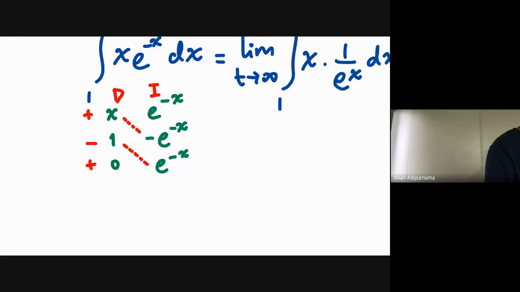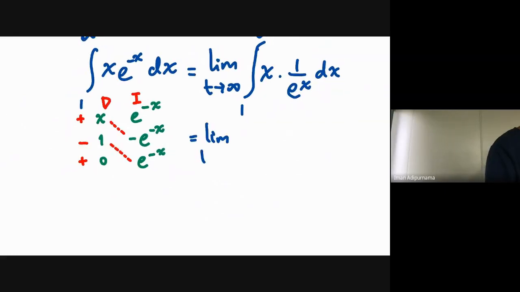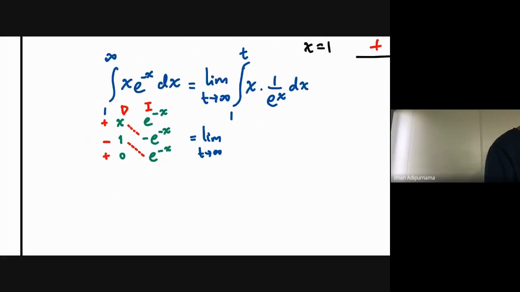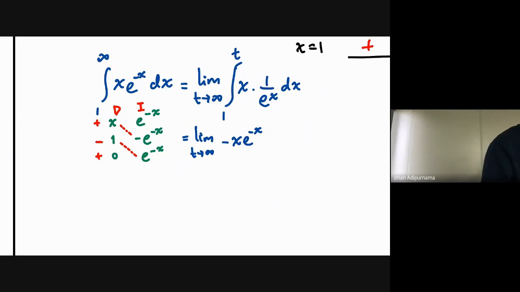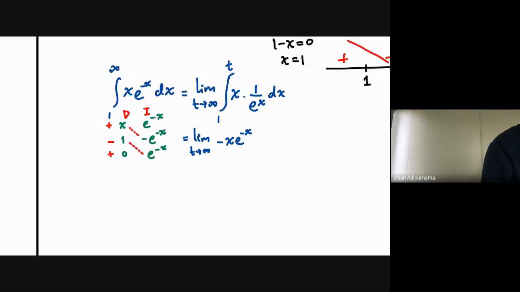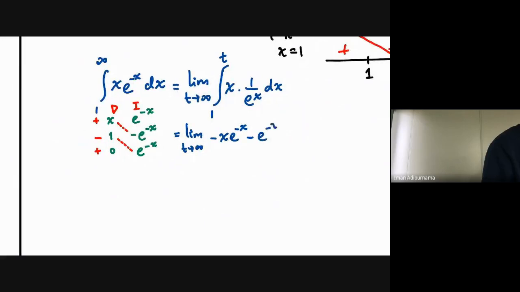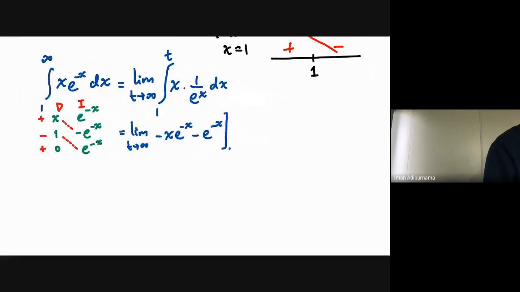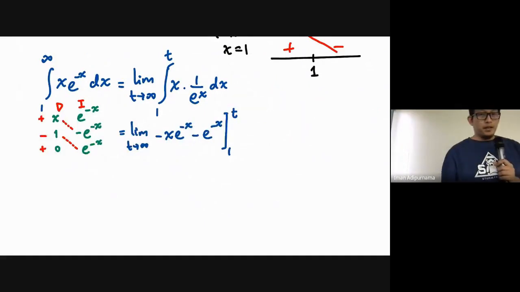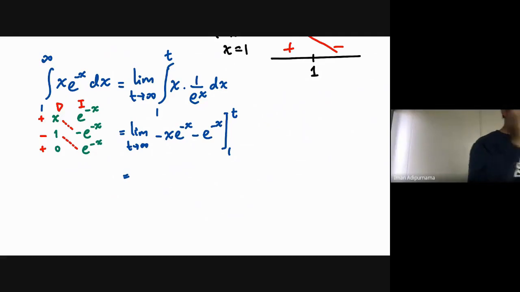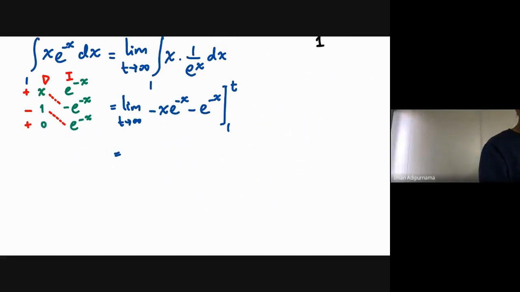So the solution will be, let me write the limit. This is negative x, and then minus e to the minus x, and then plug in the 1 to t. Okay, and then solve this. Plug in t.